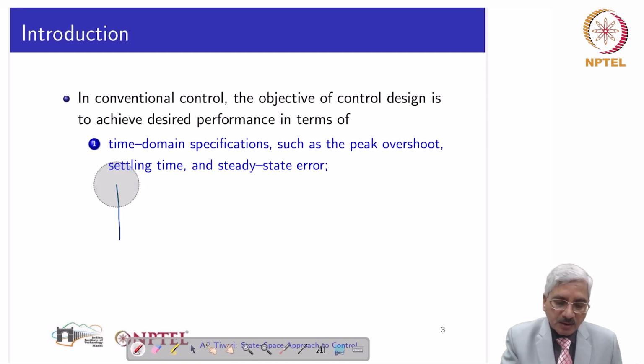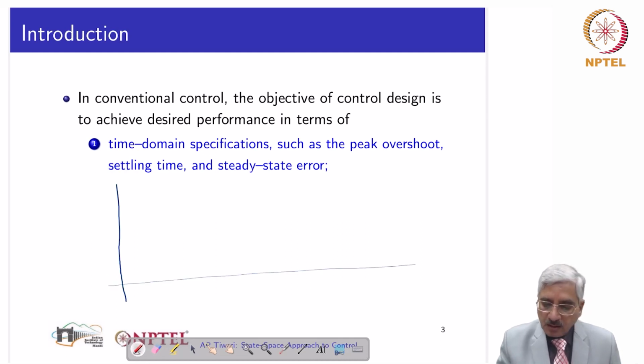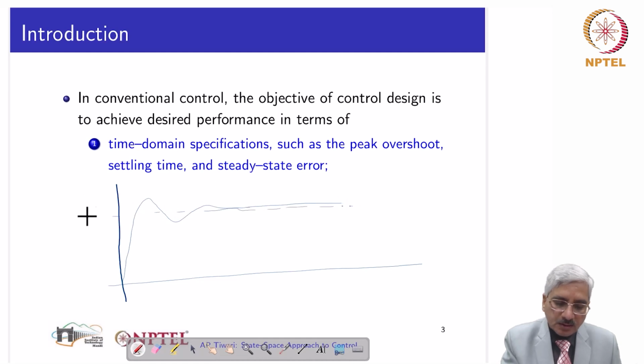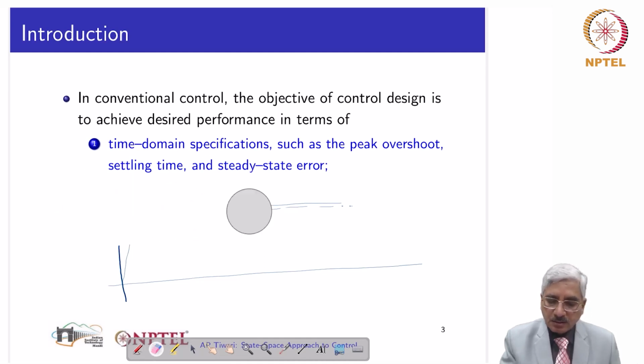You might have come across the response to step input of prototype second order system, which we used to plot something like this. Let us say this is the input u(t). Let me correct this, a little error in plotting.